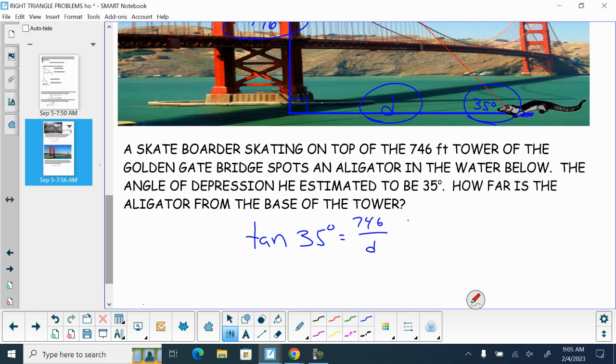So we're going to multiply both sides by D and then divide by tangent of 35. So D should equal 746 divided by tangent of 35, which is 1065.4 feet.